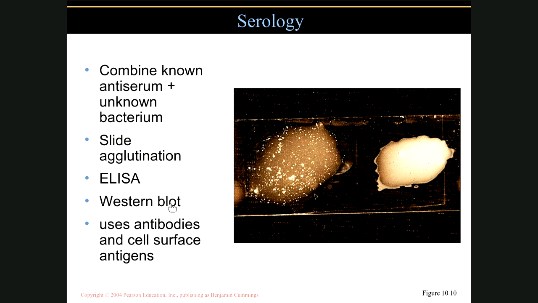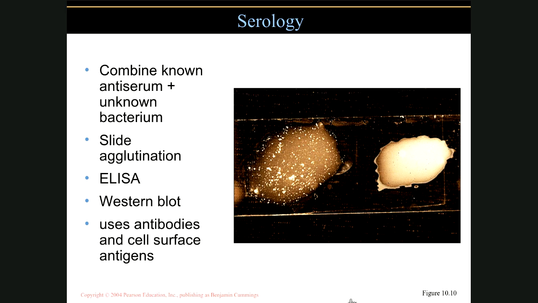It may be a chemical label, it may be a radioactive label, but the antibody will only stick to the gel if that protein is present. So you can identify if protein is there, right, using this technique. But serology means using antibodies against antigens. And the antigens are typically proteins.